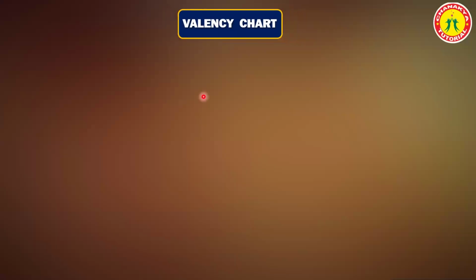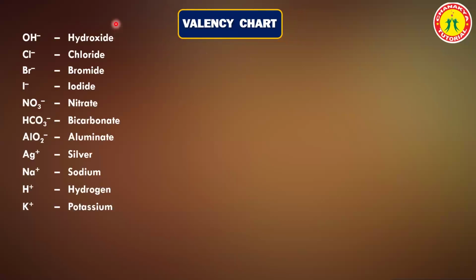Now we'll see the valency chart. That is, what valency chloride has, what valency bromide has, what valency iodide has. They all have 1 as the valency. That is, either they need 1 electron to gain the noble gas configuration, or they want to lose 1 electron to gain noble gas configuration.